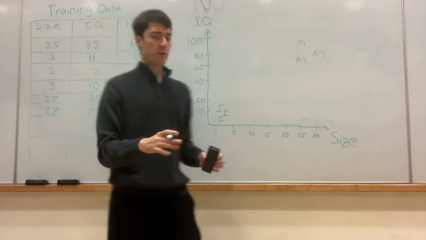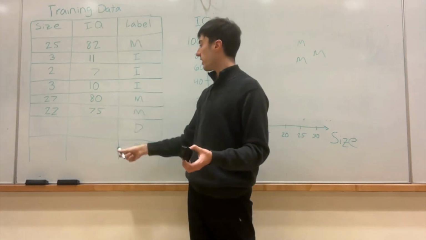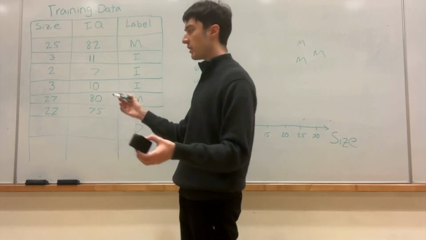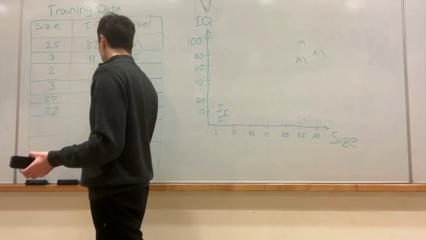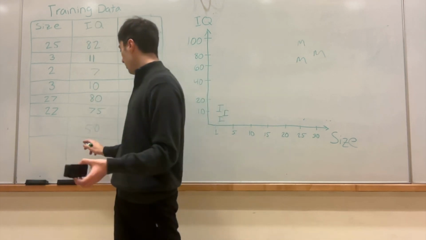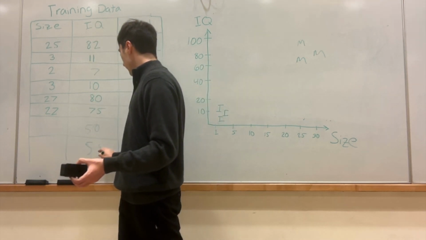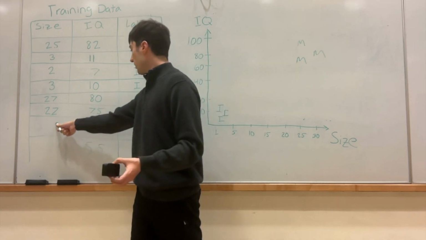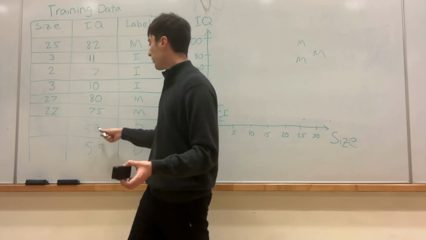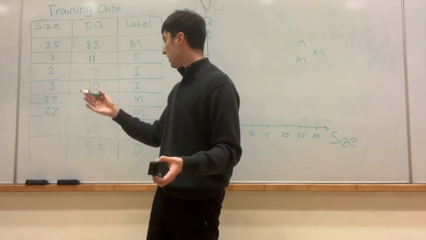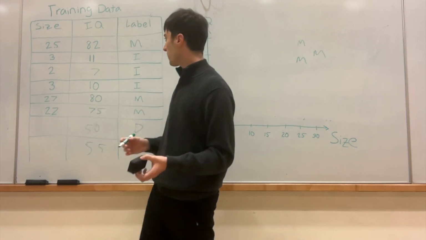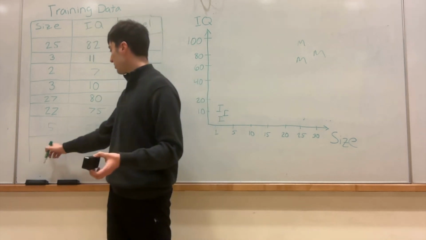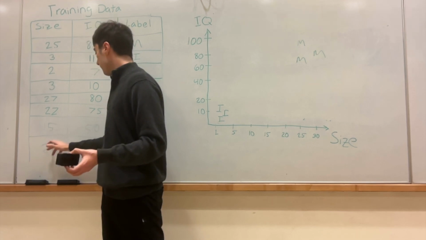And now what we're going to do is this is our training data. We're going to just measure some dogs. So let's say this dog had an IQ of 50, and this dog had an IQ of 55. And we measured the size of the dog with an IQ of 50 to be 15, and we measured this dog's size to be 20.